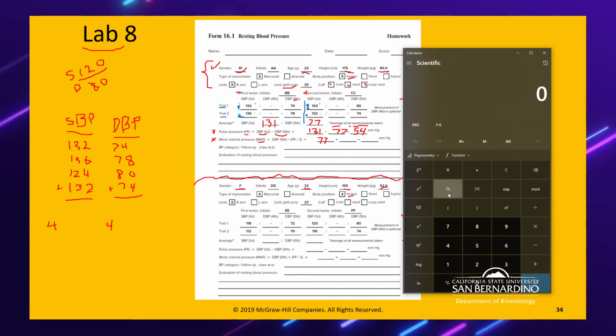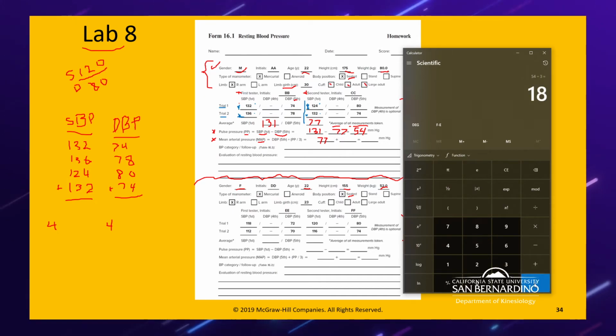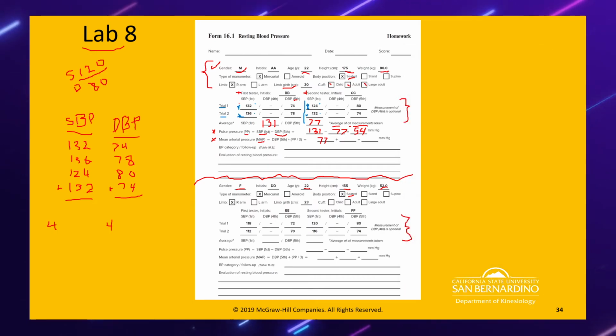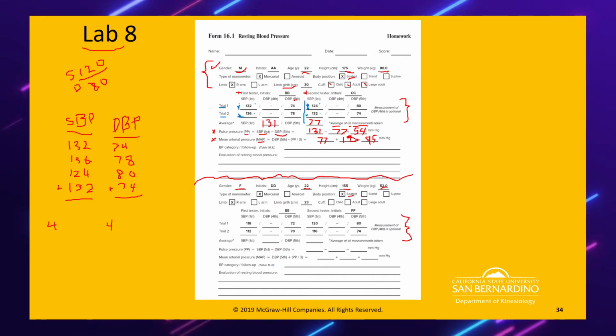So their pulse pressure was 54 divided by 3, and that gives us 18. And when we add those up, we should get 95 millimeters of mercury.